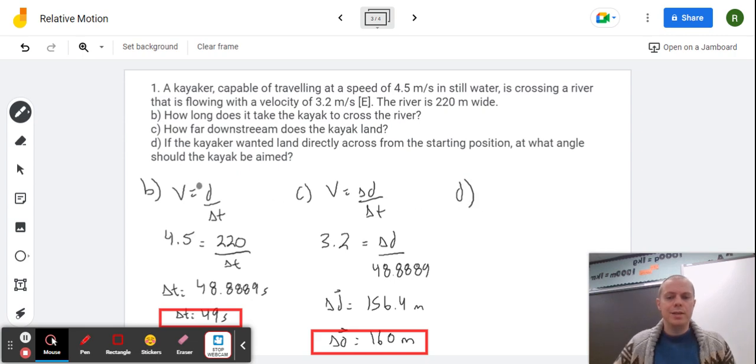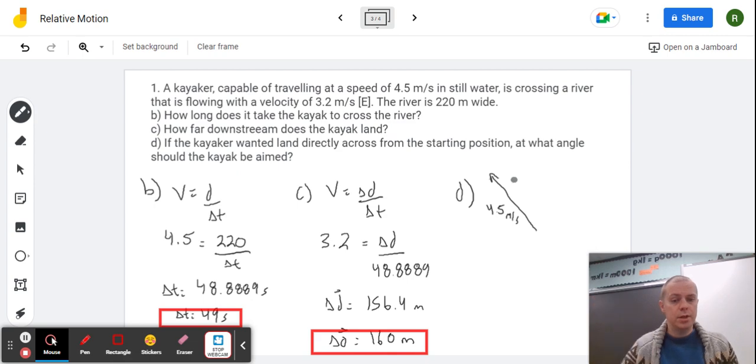Okay. Part D says, if the kayaker wanted to land directly across from the starting position, at what angle should the kayak be aimed? Okay. So in this situation, they're going to shoot the kayak out, so that's 4.5 meters per second.